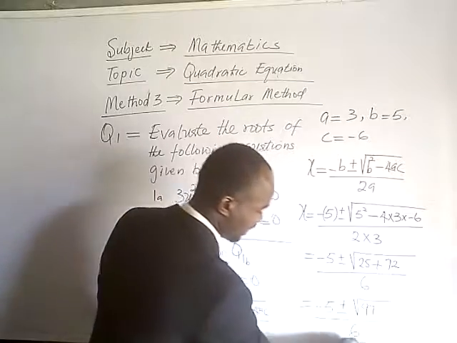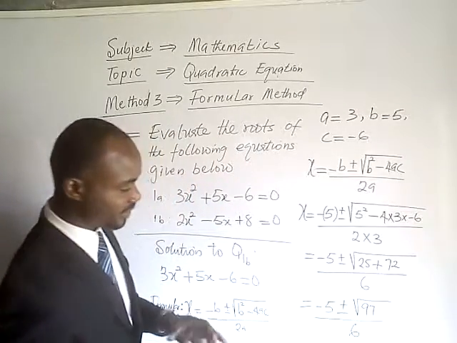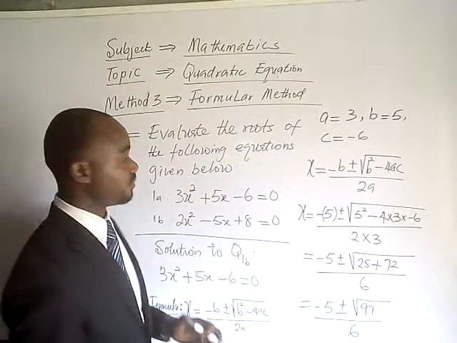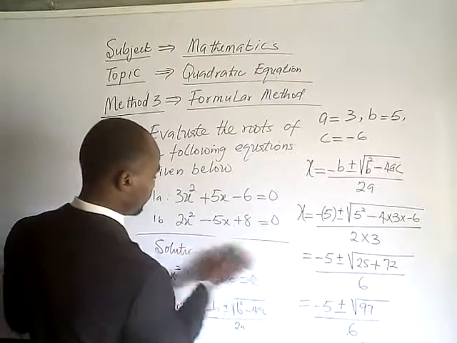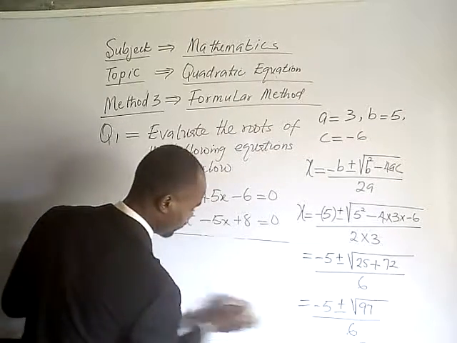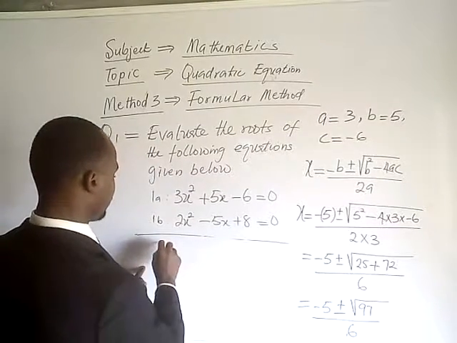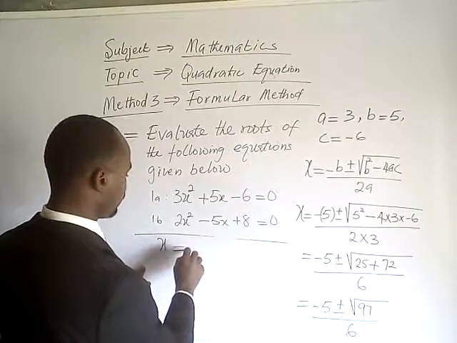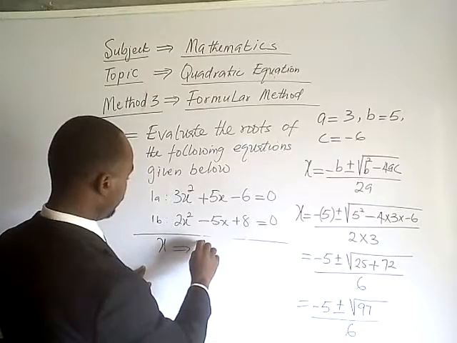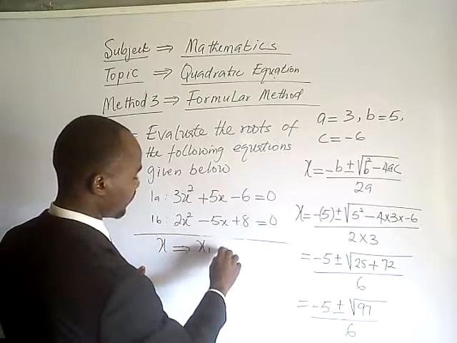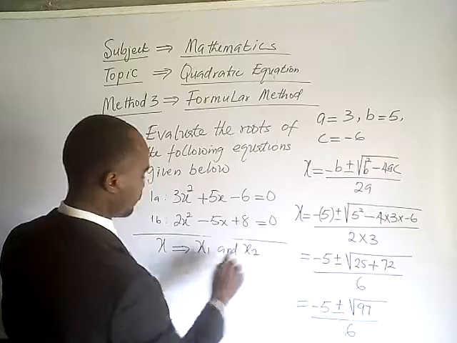Okay? At this point, we need to consider the presence of plus or minus. The presence of what? Plus or minus. X will give us 2 roots, which are x1 and x2.